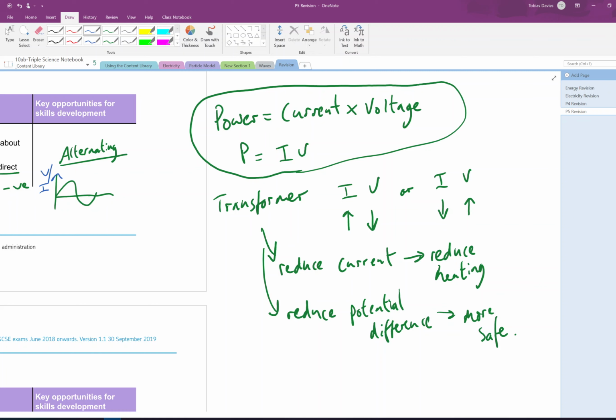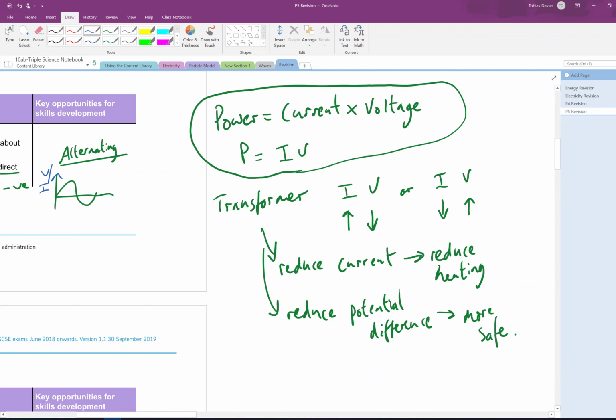Whereas around the home, okay, and when you bring electricity into people's homes, you reduce the potential difference, which makes it more safe. But in doing so, you'll increase the current, so it makes it less efficient. So you do that only when you get close to a person's house.